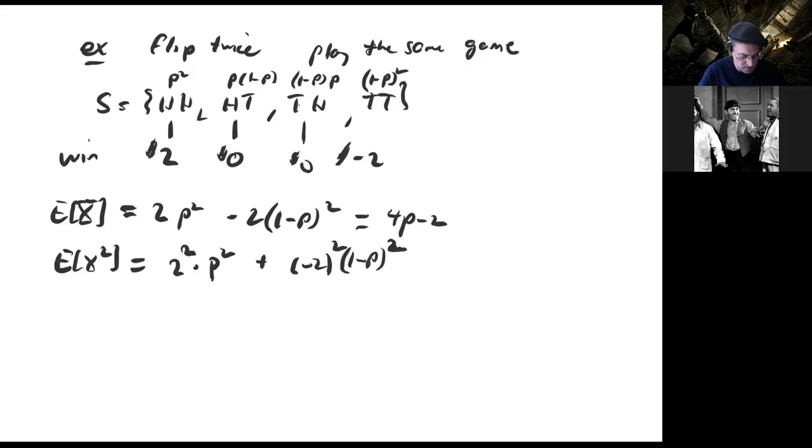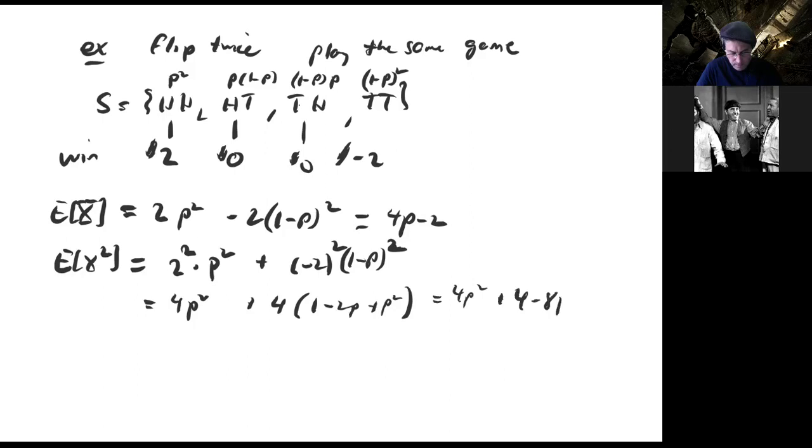If you calculate what this is, you'll get 4P squared plus 4 times 1 minus 2P plus P squared. If we expand that out, we'll get 4P squared plus 4 minus 8P plus 4P squared. So this becomes 8P squared minus 8P plus 4.